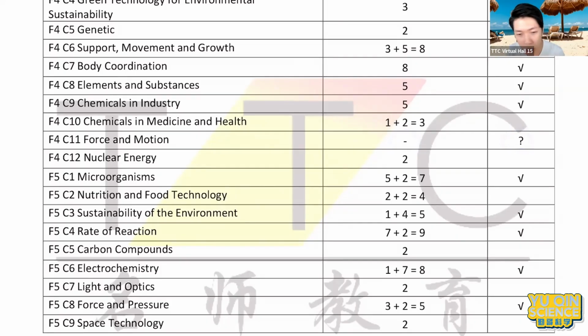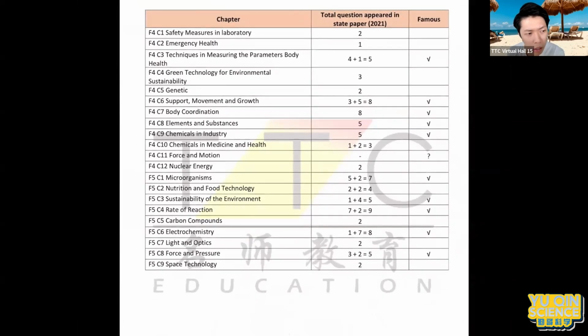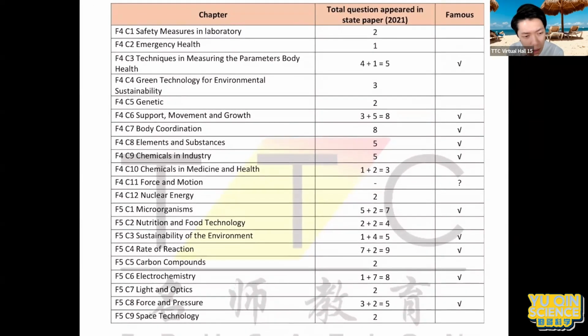So I also don't know. I'm so afraid that this chapter will come out. So I put a question mark, like I doubt, is it really so?